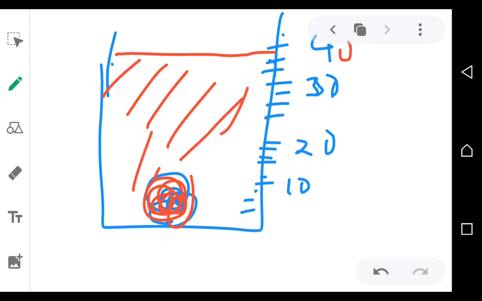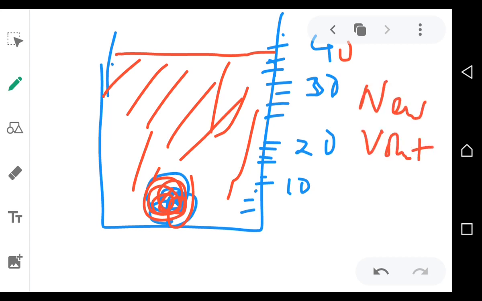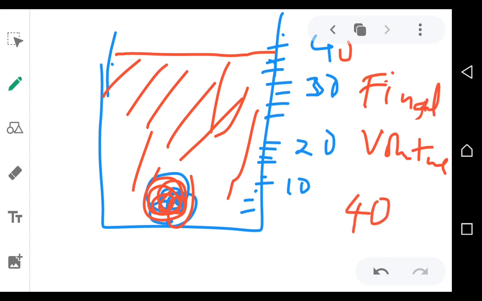So my new volume, the final volume after the stone was put in, is now 40 cubic centimeters. How do you find the density?